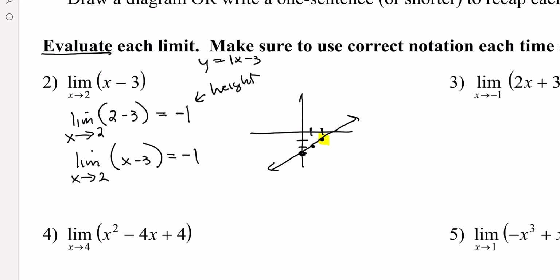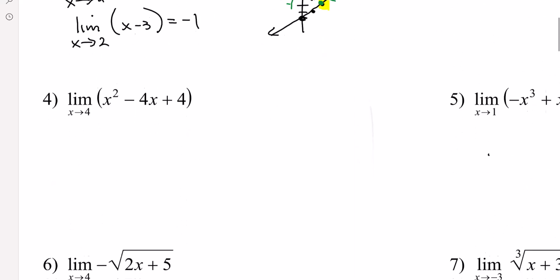As we approach 2, both sides of 2 right there, the x is 2, look at the height, it's down there at -1. So that's what it's talking about graphically.